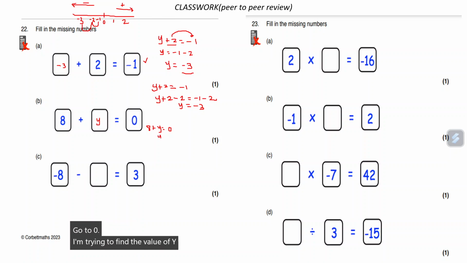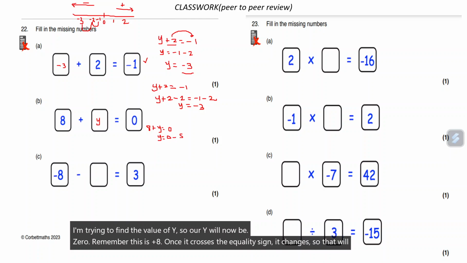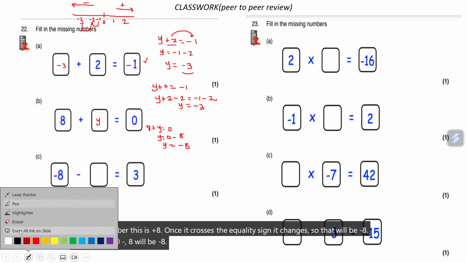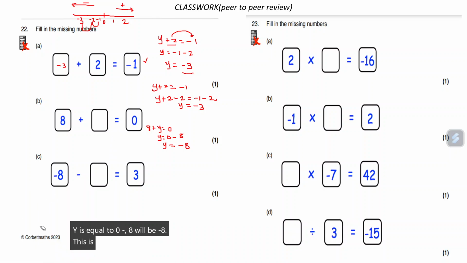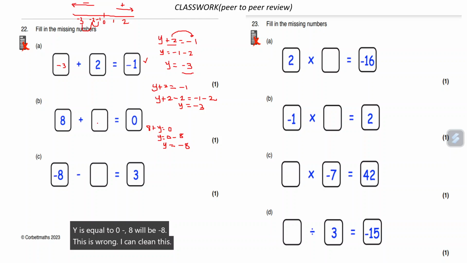So our y will now be 0. Remember, this is positive 8. Once it crosses the equality sign, it changes. So that will be minus 8. So y is equal to 0 minus 8, which will be minus 8. As usual, we can clean this. So the answer is minus 8.